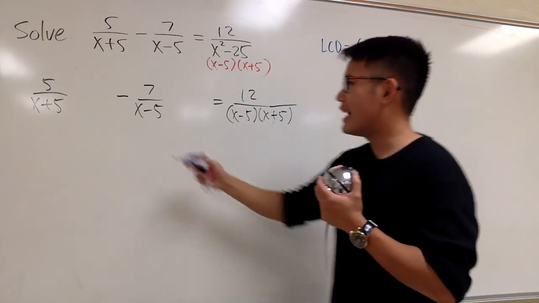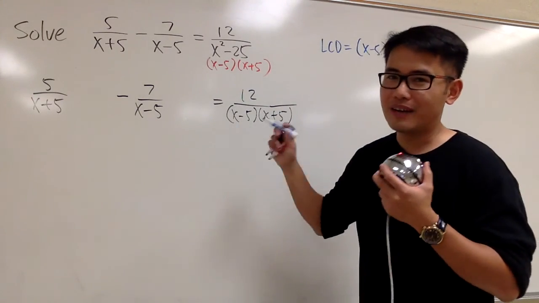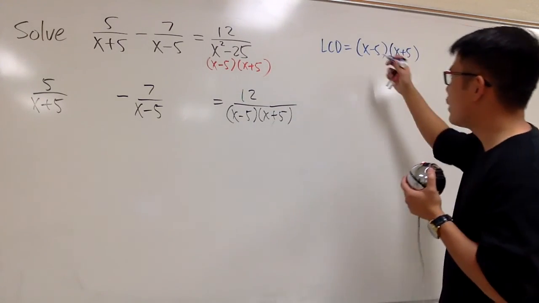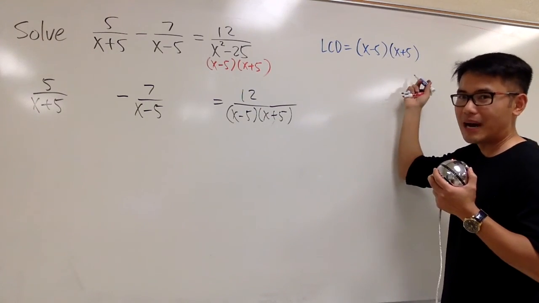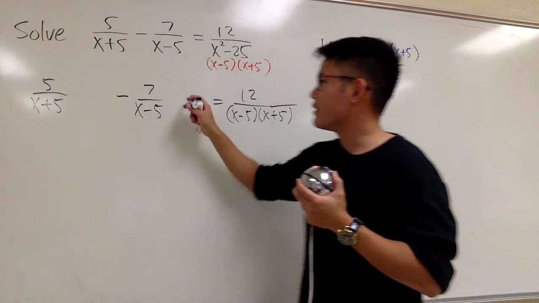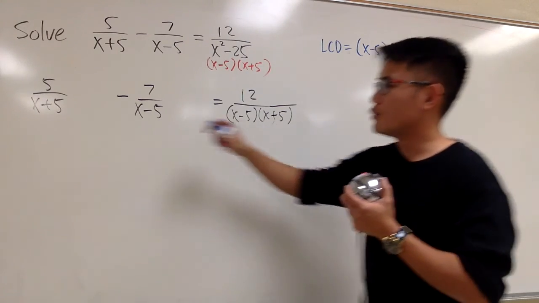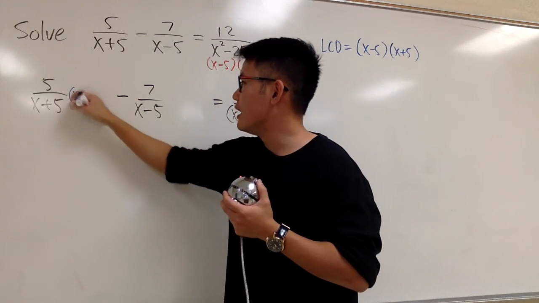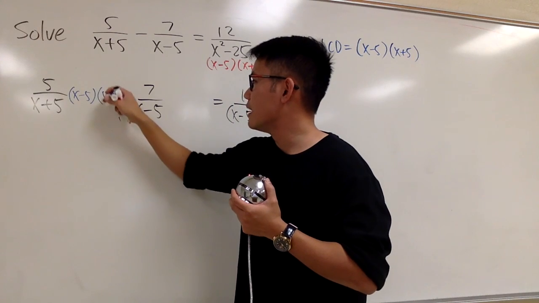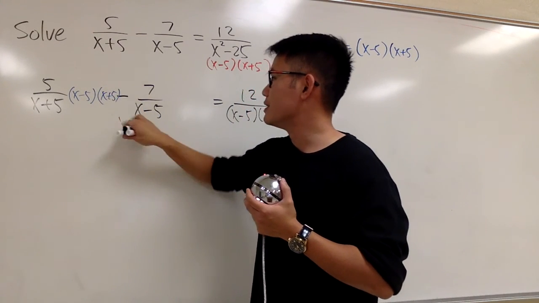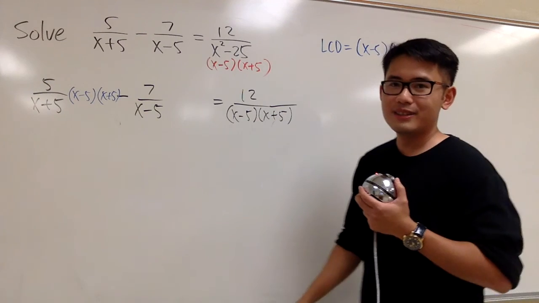And we should have plenty of space after that. And the reason that we write this and we have all this space is so I can put the lowest common denominator in here, here, and here. Not top and bottom though. We're just going to put this down right here. I'll show you. We put this down, x minus 5 times x plus 5. Just squeeze in the space, okay?